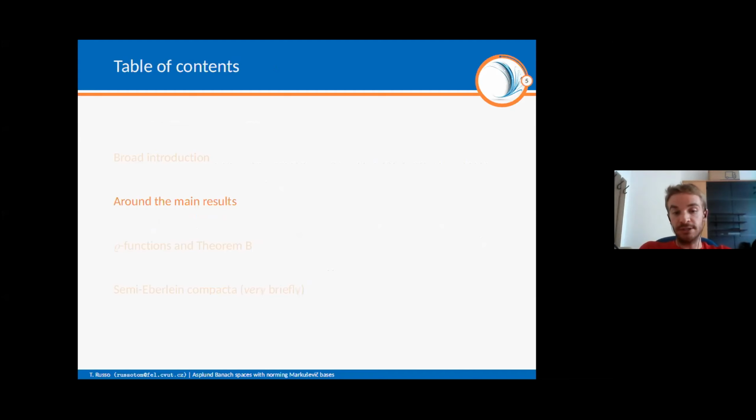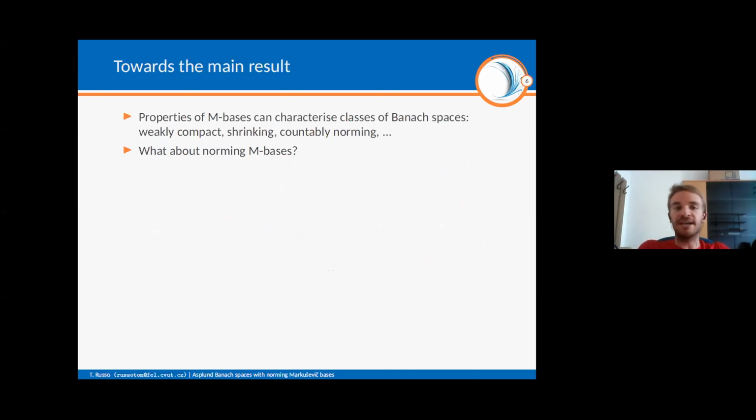So now I would enter a bit more into detail. What we will discuss in this talk is going to be norming Markuševič bases, but now I will discuss more in detail what is known about them. As I maybe hinted at a bit before, Markuševič bases have been used by many authors in different directions, frequently in order to characterize some classes of Banach spaces. For example, it is known how to characterize weakly compactly generated spaces by means of weakly compact Markuševič bases.